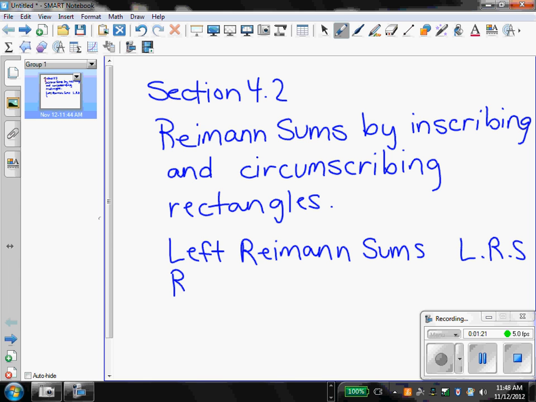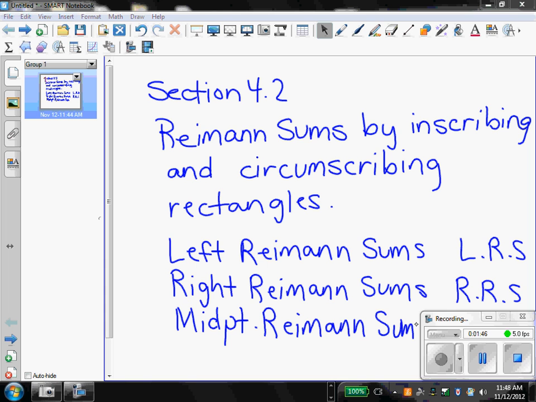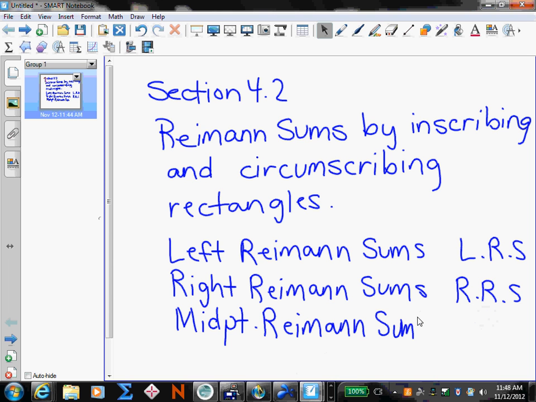We will look at right Riemann sums, which I will call RRS, and then we will look at midpoint Riemann sums, which of course I will call MRS.